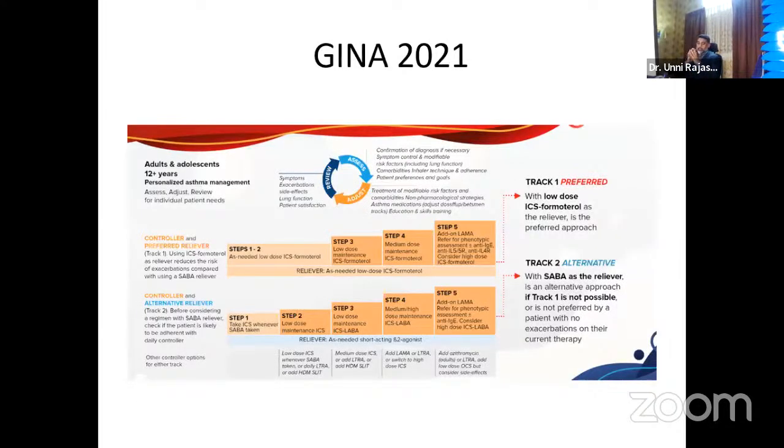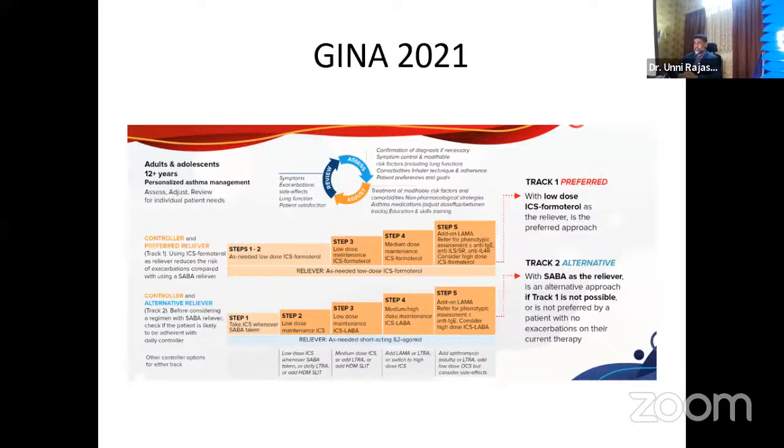In GINA 2021, you have steps 1 to 2, step 3, 4, and 5, and the requirement of inhaled corticosteroids, short-acting beta agonists and LABA has been mentioned in the guidelines. The current guidelines say that there is a two-track approach.